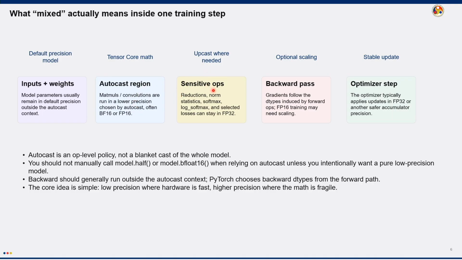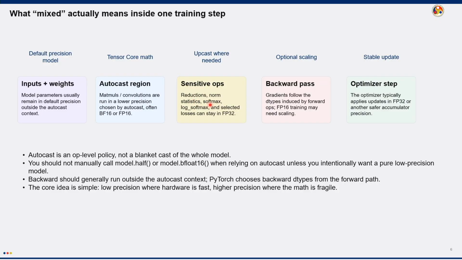Then it goes to the sensitive operations. In transformers, you have layer normalization, the attention computation with multiple heads, the scaling, the dot product with the values, then the logits, the multi-layer perceptron, and the softmax.